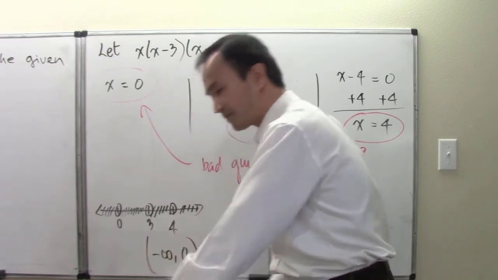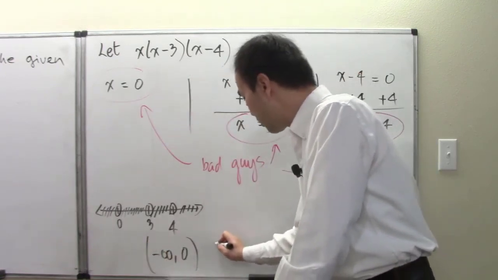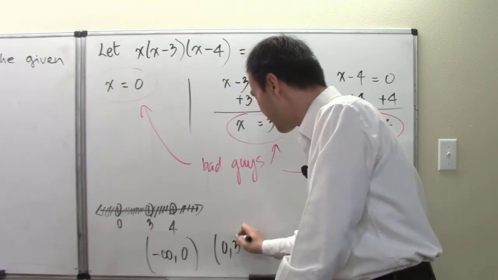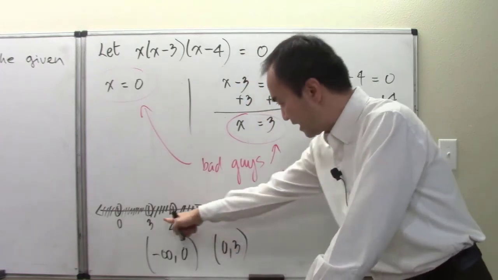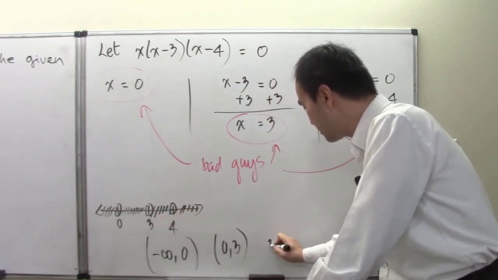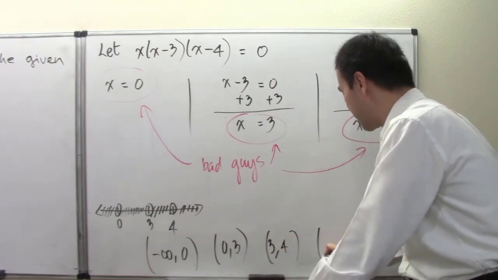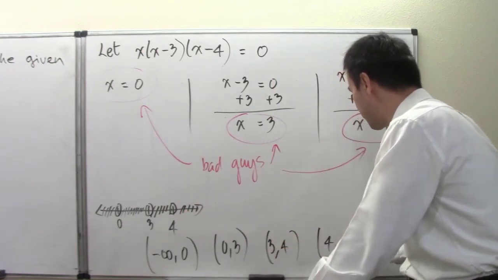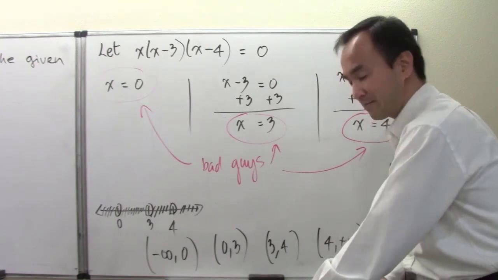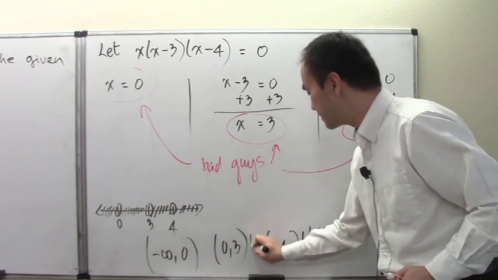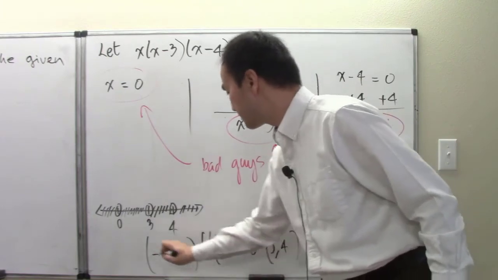We have another between 0 and 3. Another between 3 and 4. And finally another between 4 and positive infinity. Now, union, union, union.